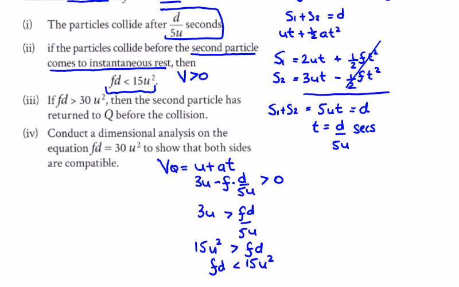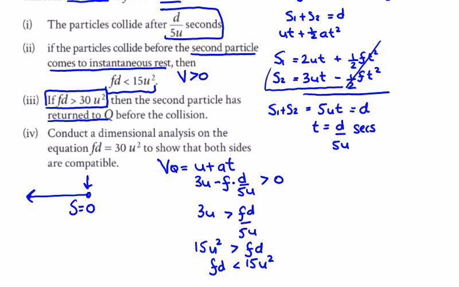In part 3, if FD is greater than 30u squared, then the second particle has returned to Q. Well, if it has returned to Q, it starts here, it goes in this direction, and then comes back to this exact point. We can say distance traveled will be 0. So let's take the distance traveled for S2.